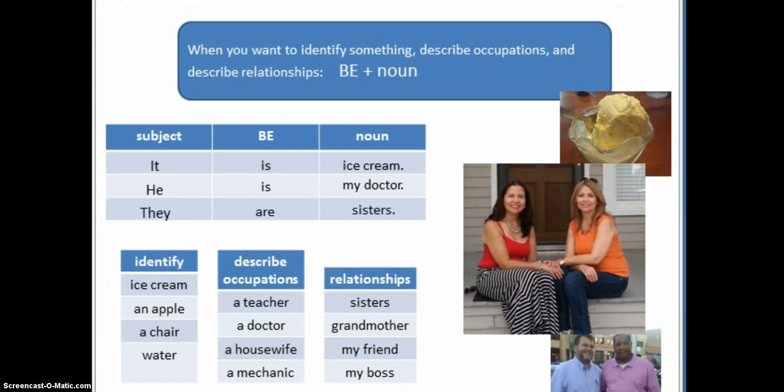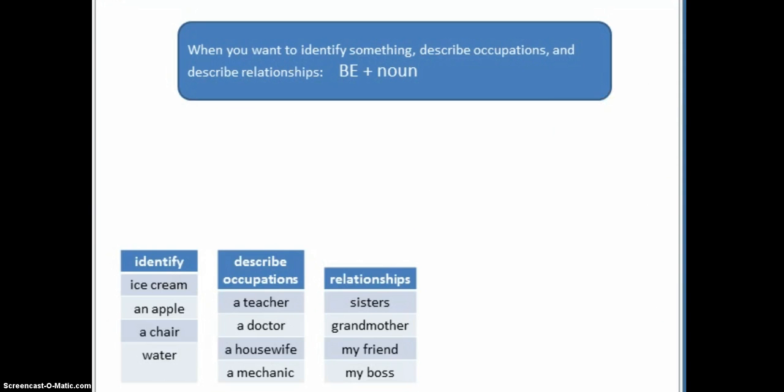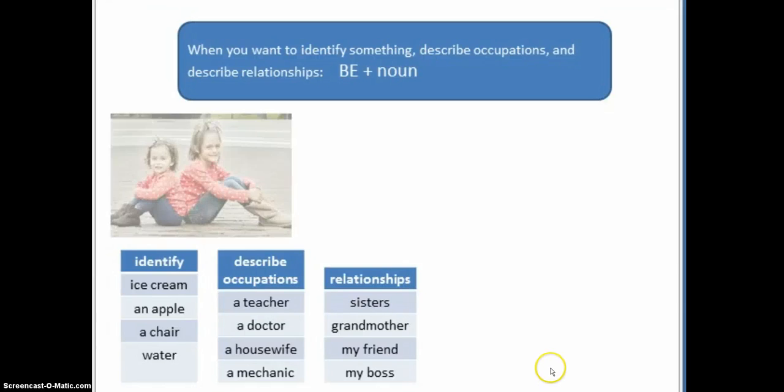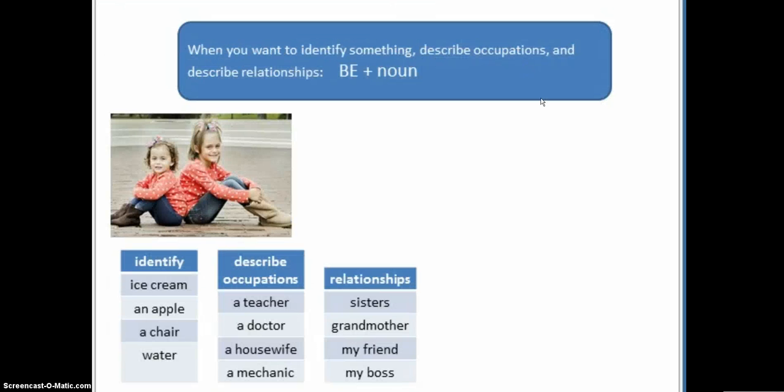And then it goes on, and it asks them to complete sentences about these pictures. So it'll stop, and it'll ask what is their relationship. I'm just going to go on.